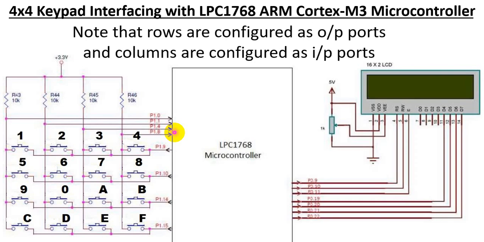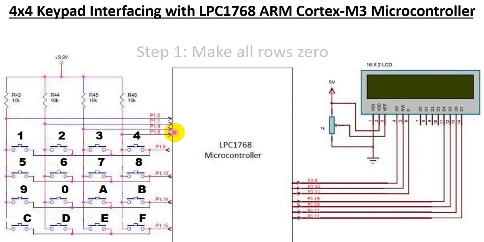So as said, rows have been configured as output pins, whereas columns have been configured as input pins. Now let us start the logic. Let's say this key, that is 0, has been pressed. So how will you start? First, we will make all the rows as 0 because all the rows have been configured as output pins.